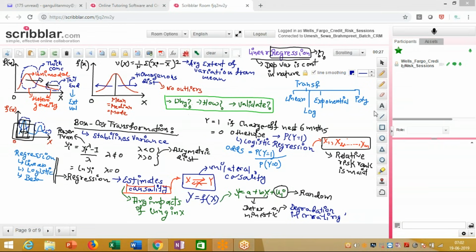Because if this error term of random factors was not present in explaining the dependent and independent variables, then you would not need to make any predictions. From the historical values, you could exactly compute the future value, but you cannot do that because there is a random component involved.